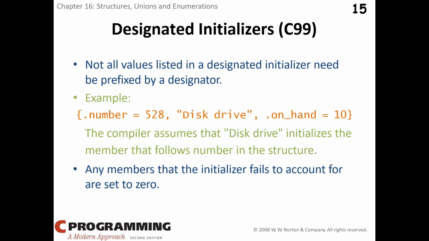However, the compiler understands that it initializes the member that follows number in the structure. So in this case, "Disk drive" initializes the name member of the structure, which is in the second position. Additionally, any members that the initializer fails to account for will be automatically set to 0, and this ensures that all members of the structure are properly initialized, even if not explicitly specified in the initializer.